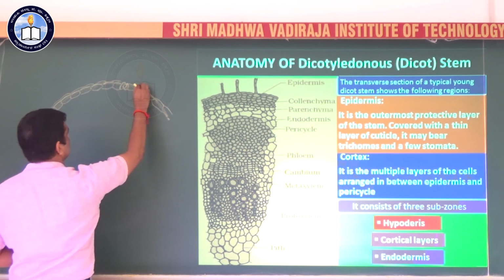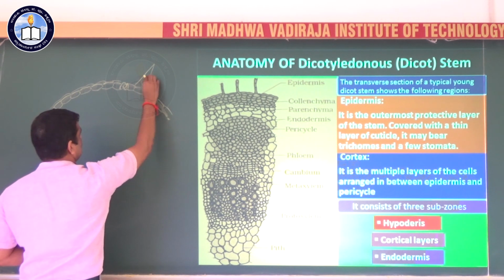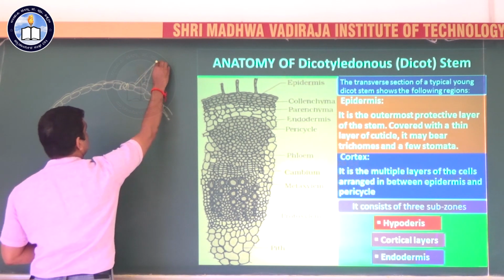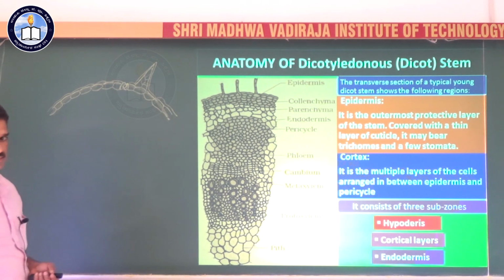And also here and there the epidermis possesses multicellular epidermal hair, that is what we call the trichome. So this is the epidermis.